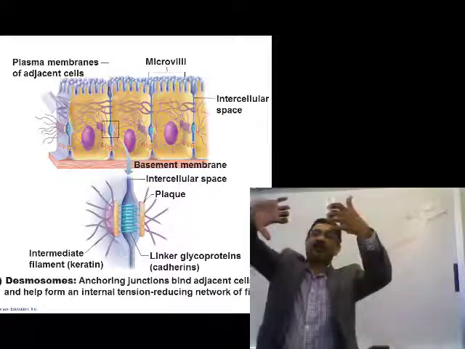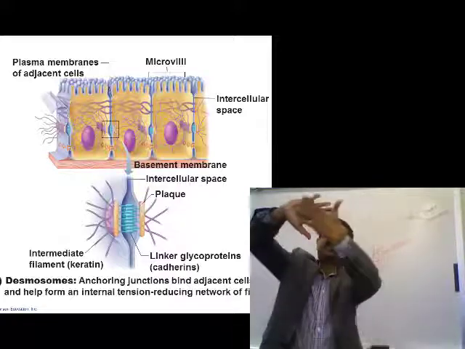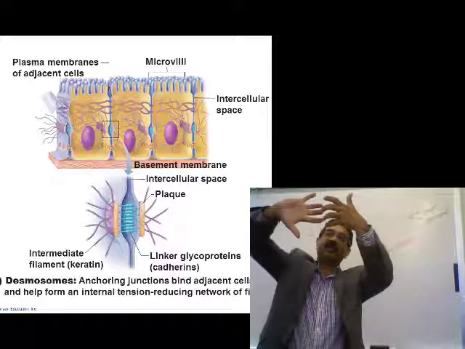They do what? Form like this. So this is the plaque and linker glycoproteins, and they hold each other like this. So a very strong attachment is created between the cells.